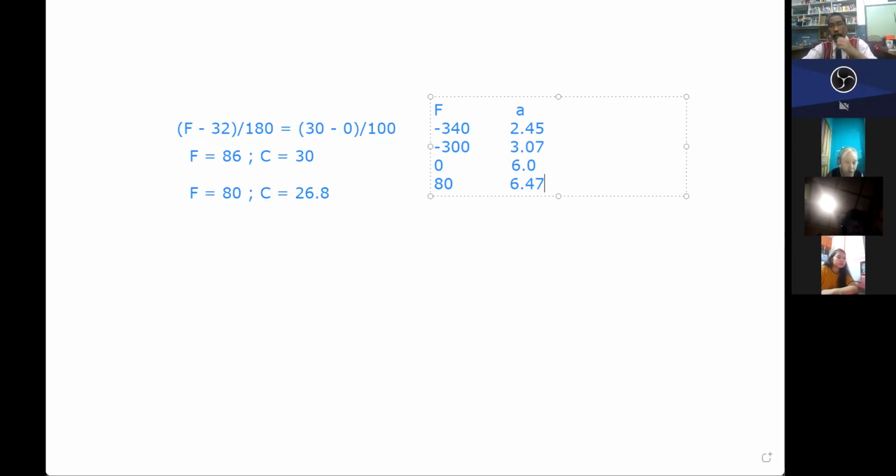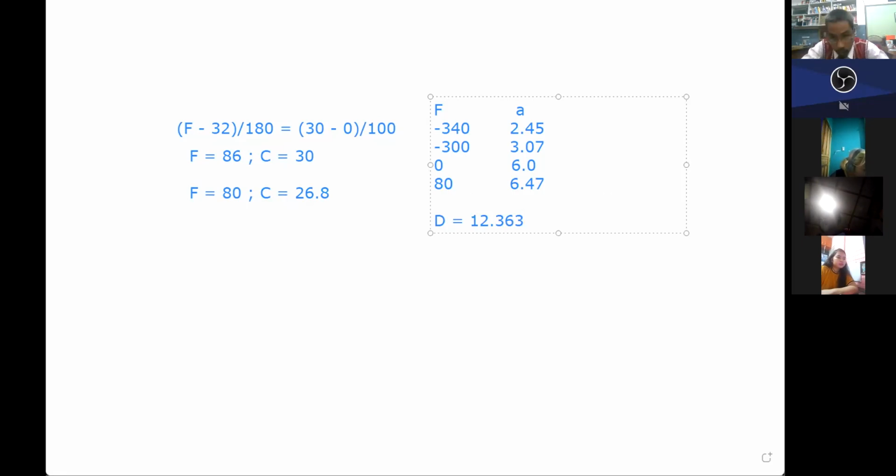6.47. These are some of the values from the table. Now, let us use our given. So our given diameter is 12.363.